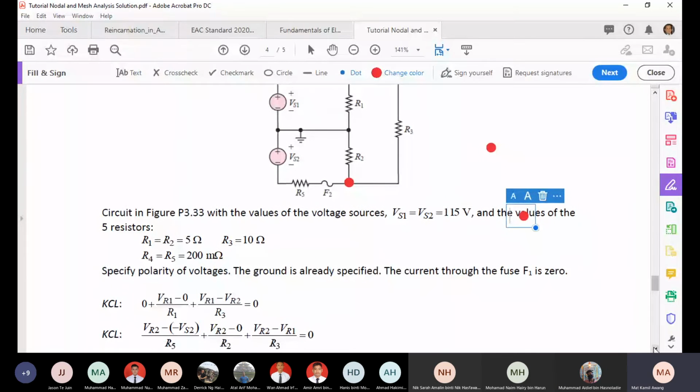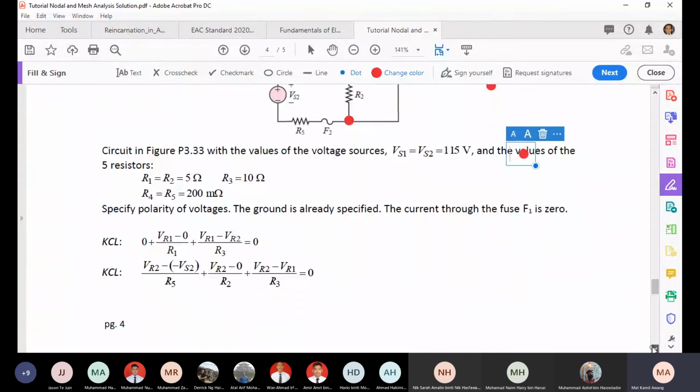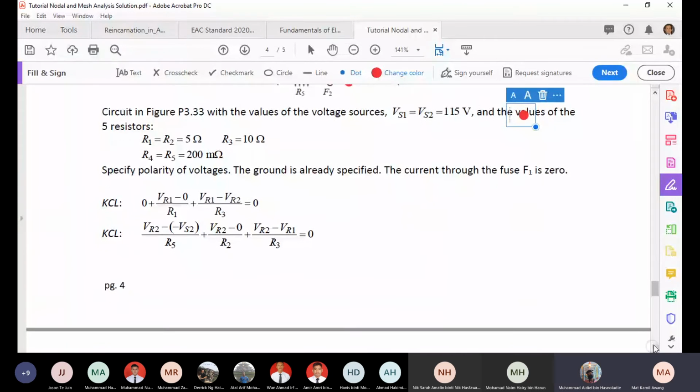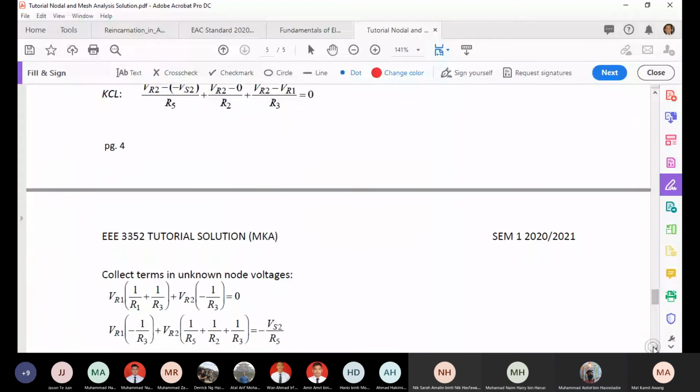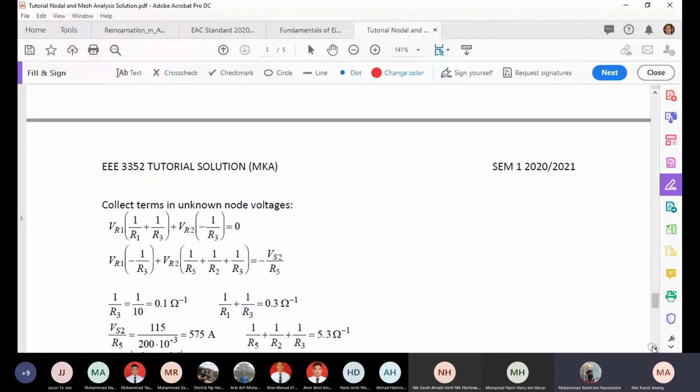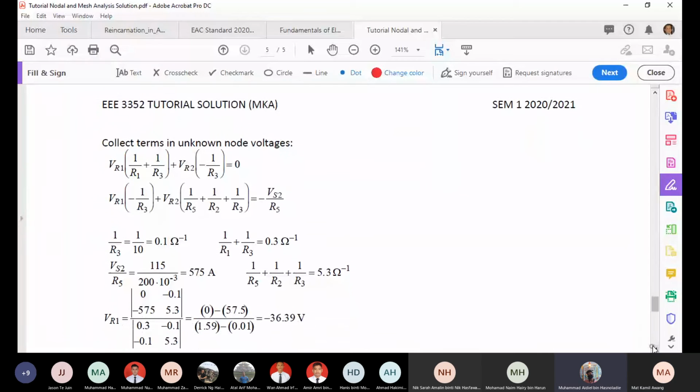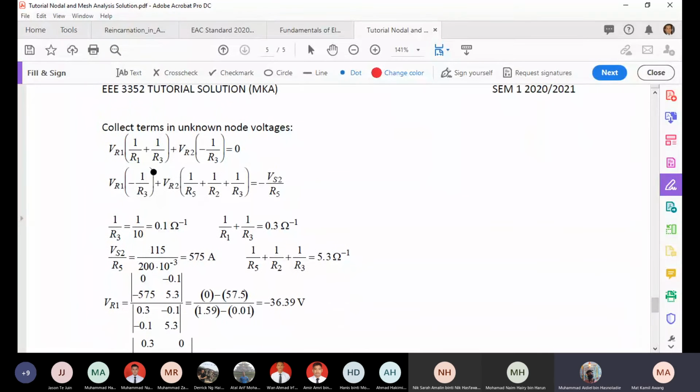From there, you can simplify as follows. You get VR1 times (1 over R1 plus 1 over R3) plus VR2 times minus 1 over R3 equal to 0.